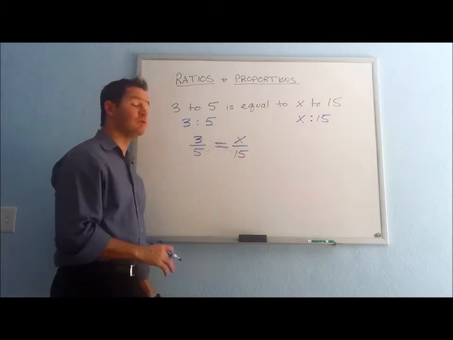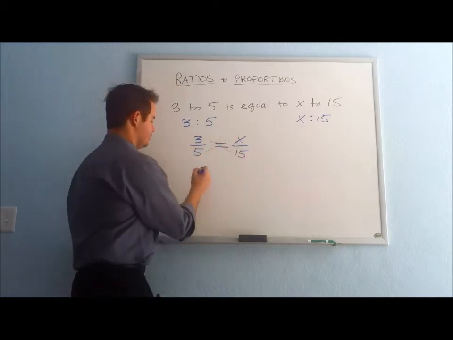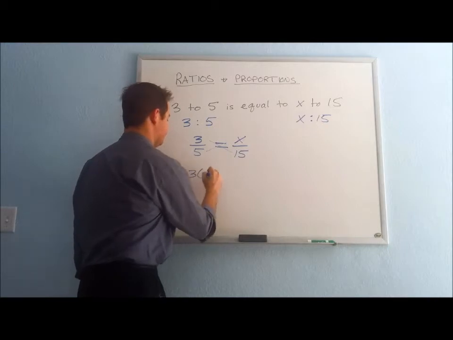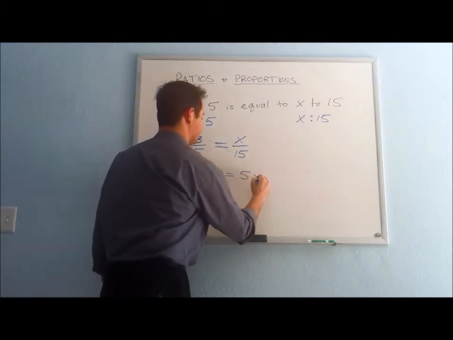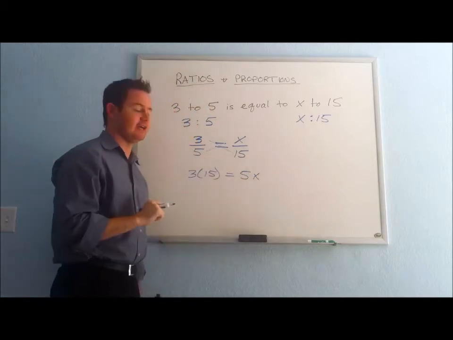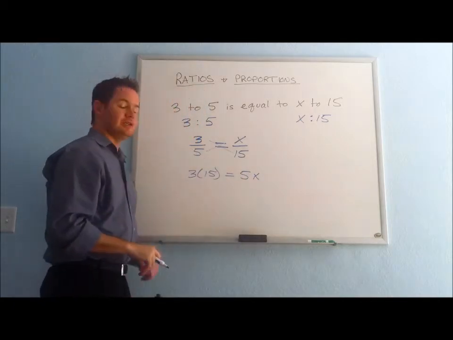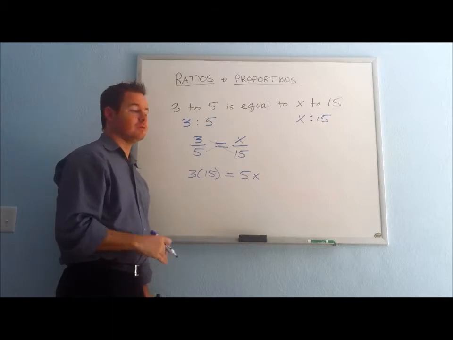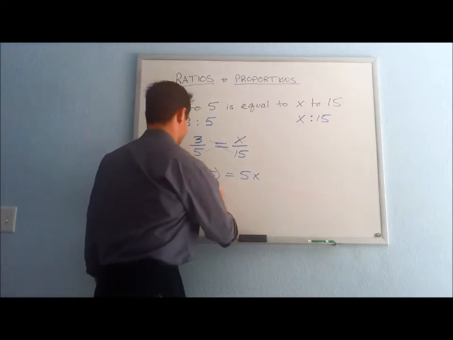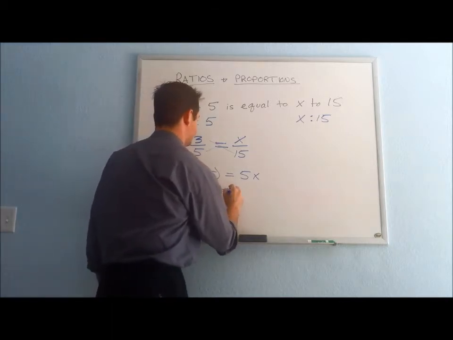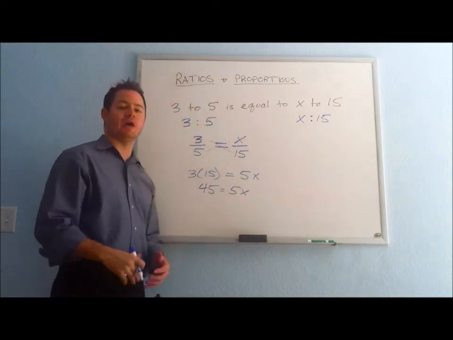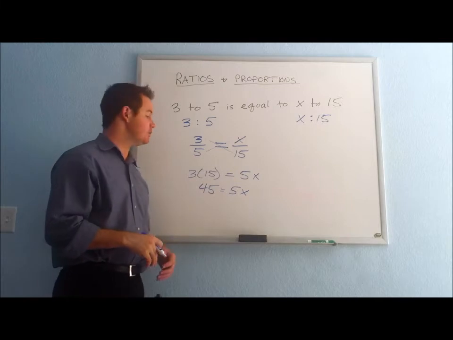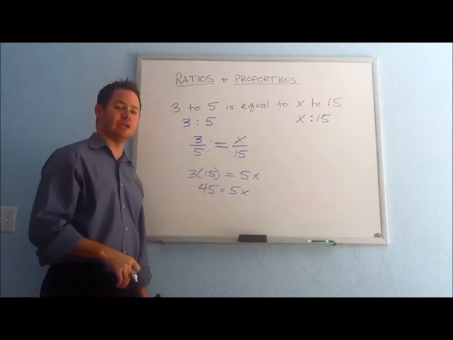And the key is our equal sign must stay there. So we have 3 times 15 is equal to 5 times x, or 5x. So 3 times 15 will give us 45. And if that's a calculation that we're not comfortable doing in our head, we can use a calculator to multiply those numbers together.